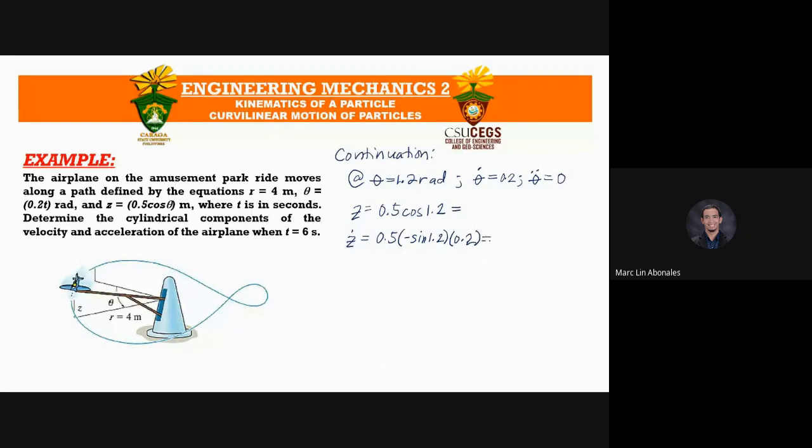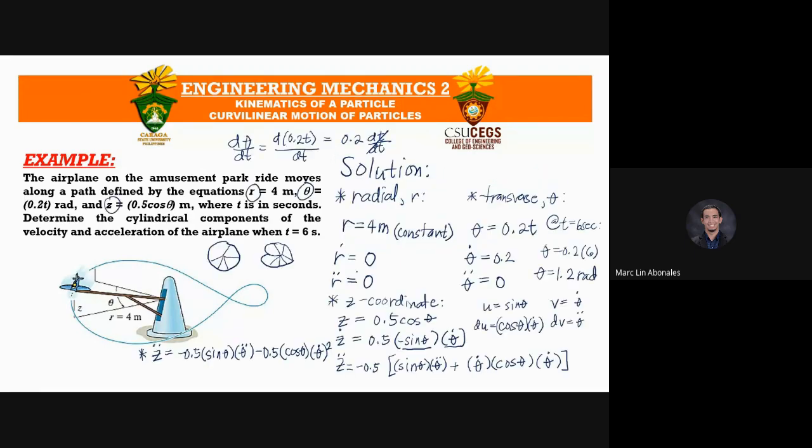And ang second derivative, or z double dot, was negative 0.5 sine theta, theta double dot, minus 0.5 cosine theta, theta dot squared.